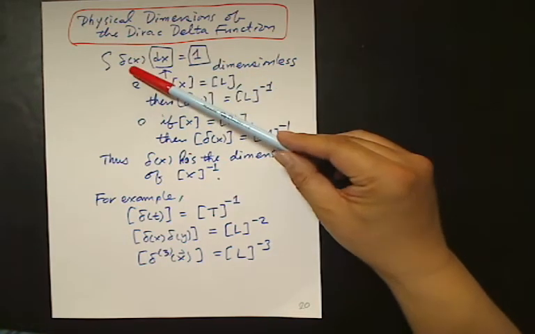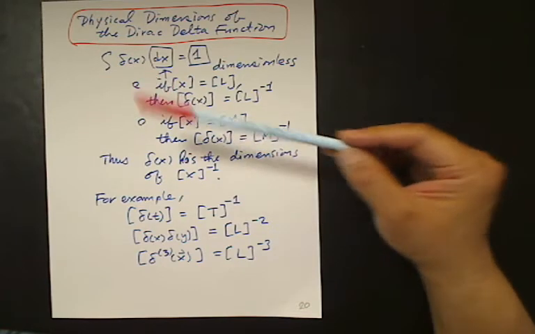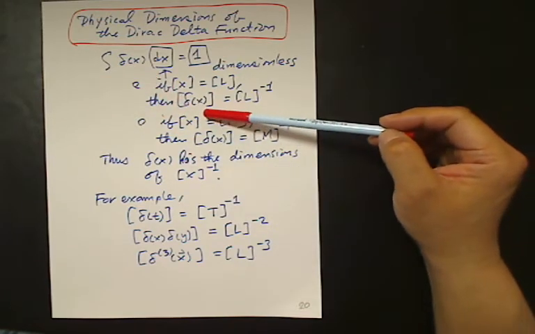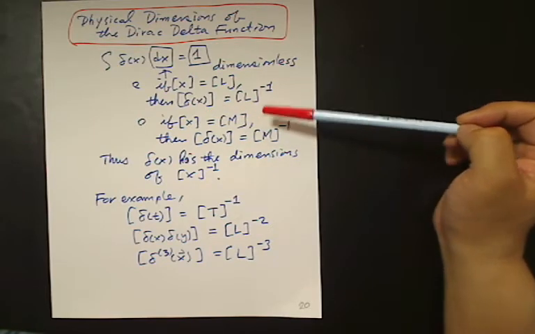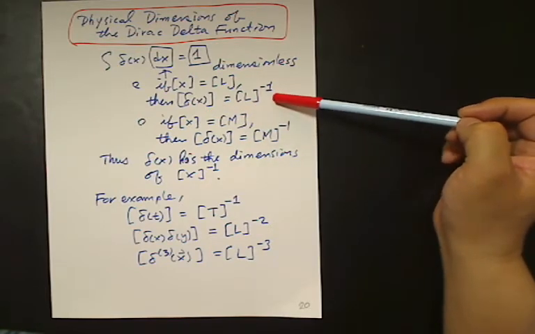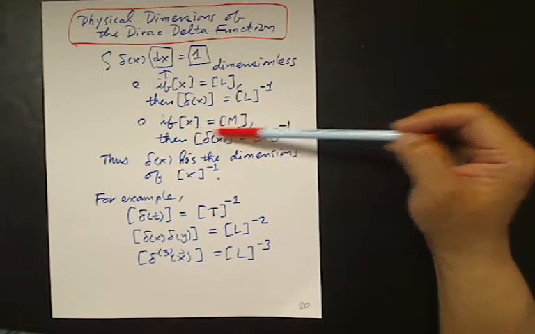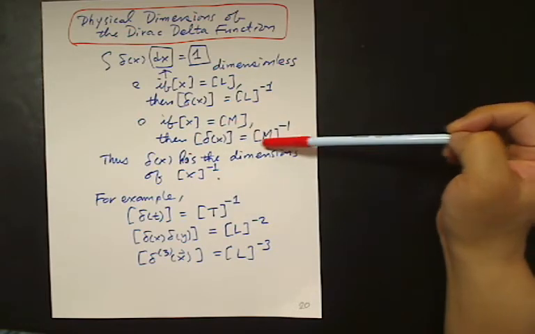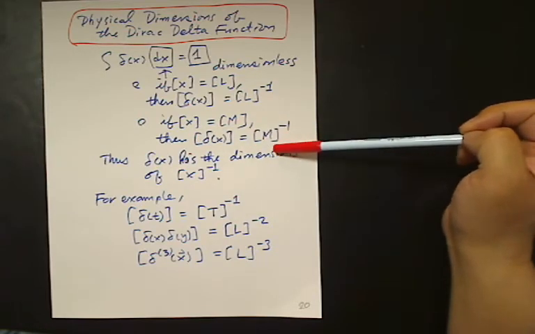That means that this delta must have an inverse power of length. So the dimension of delta of x is inverse length. If x is a mass, then it becomes inverse mass.